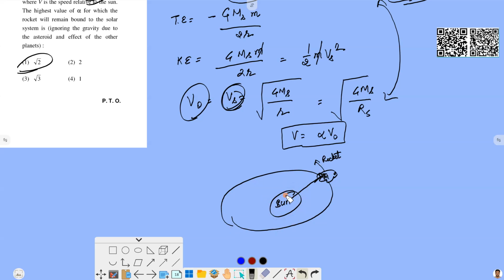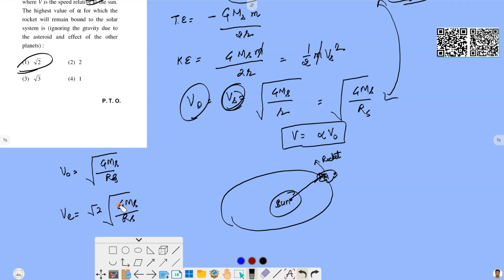And near the surface of the sun, the velocity of this asteroid will be equal to under root G ms, where ms is the mass of the sun, divided by the radius of the sun, rs. And at the surface of the sun, the escape velocity is equal to root 2 times G ms by rs.